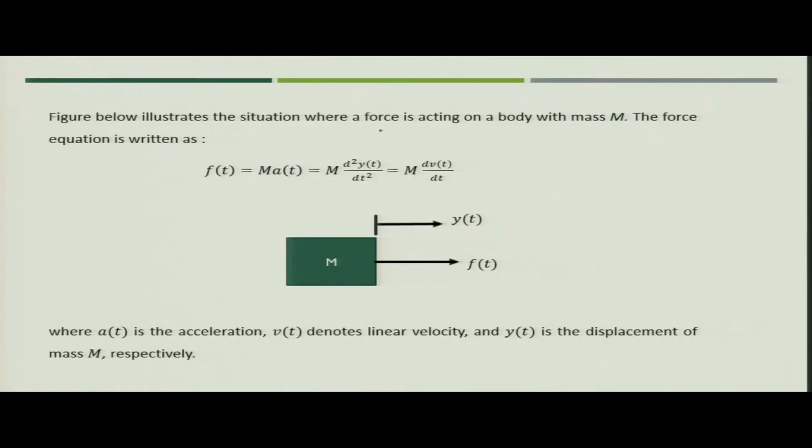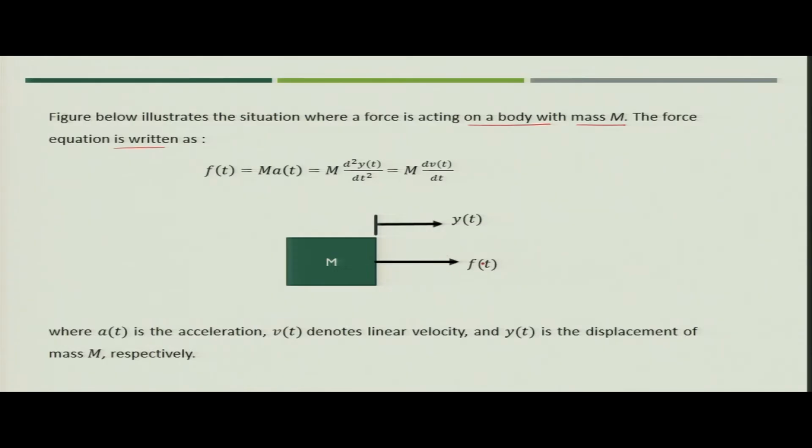Now, when a force is acting on a body with mass m, the equation you can write for the law which we just saw is: suppose this is the mass, symbol m, and the direction of motion is y(t), and the force is F(t).